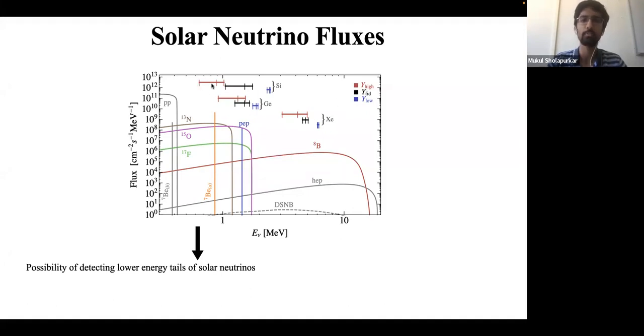So just assuming some optimistic scenario in silicon, for example, there is a possibility that one can look for these CNO fluxes, which play an important role in the solar metallicity problem, as they are very sensitive to whether you have a high metallicity or a low metallicity model. So one could have a complementary measurement to the measurements that people already have.